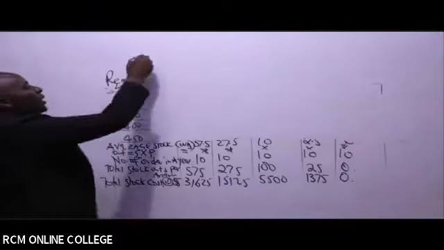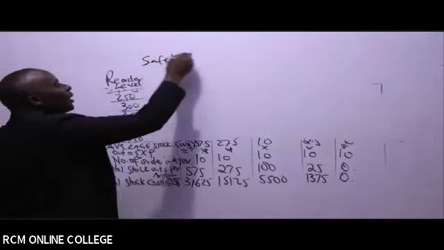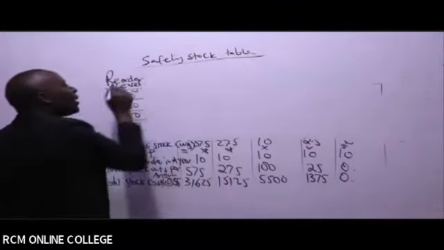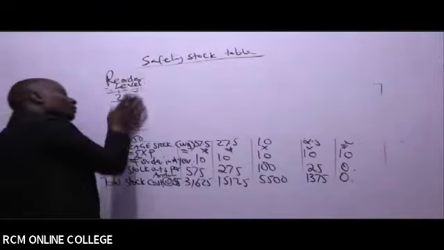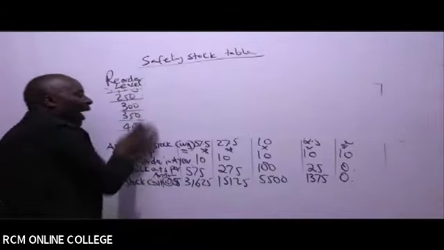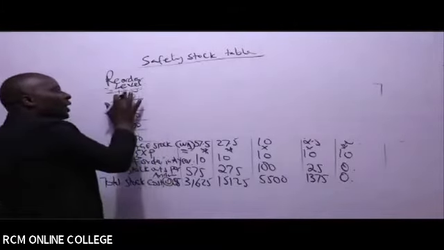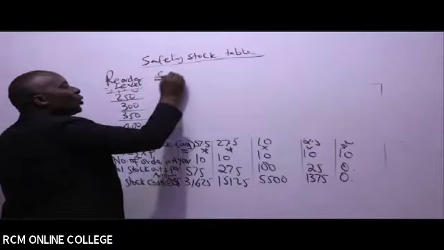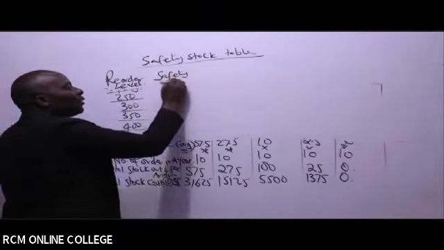So you're calling this table the safety stock table. The first thing we do is copy our demands or even our supplies, but we give it a title, reorder level, to give birth to what we call safety stock.